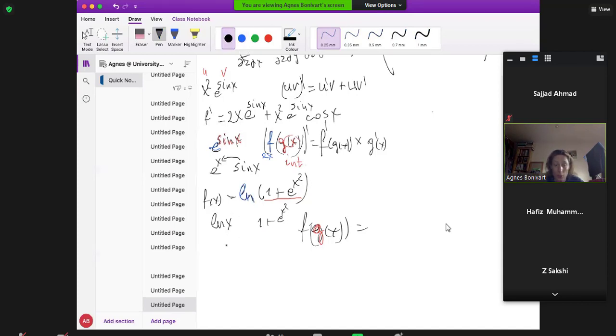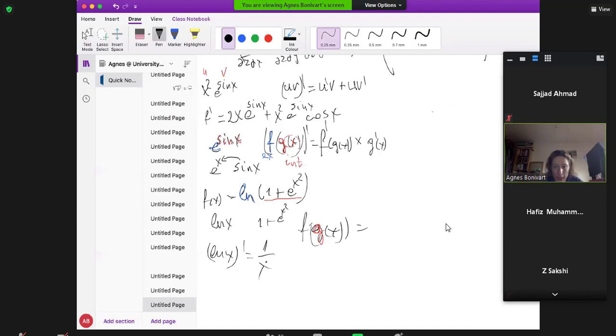We need to differentiate the external function, ln. What is the derivative of ln x? 1 over x.